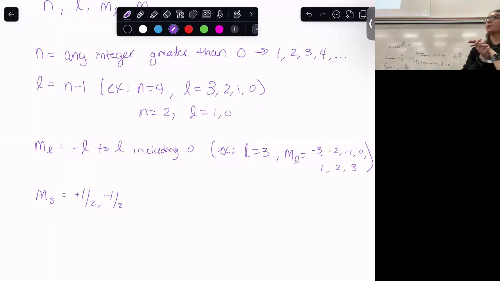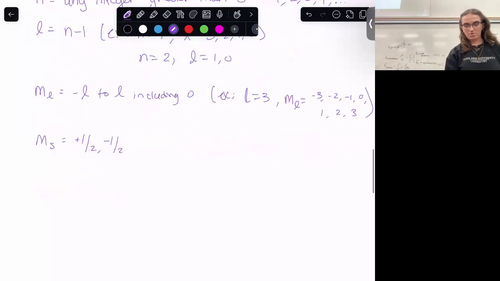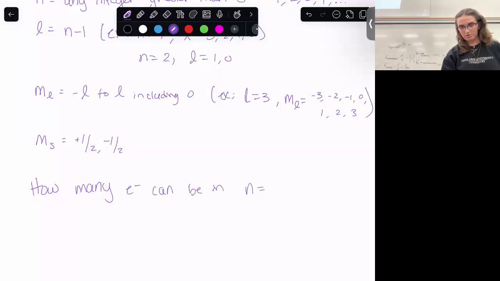Okay, so if we need to know how many electrons are in a certain constraint, we have to know what these rules are. So if I ask how many electrons can be in n is equal to 2 and L equal to 1, we have to see what options are left over now.